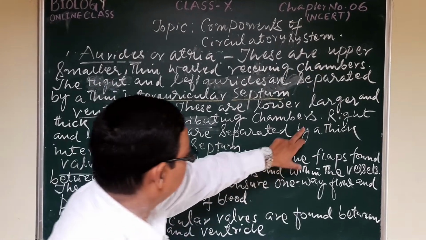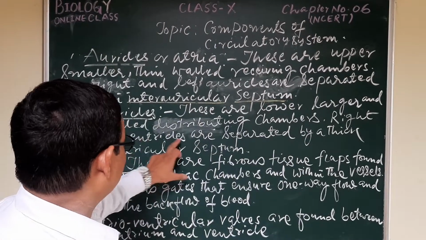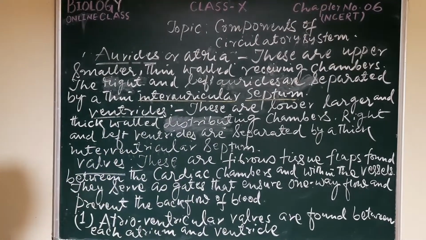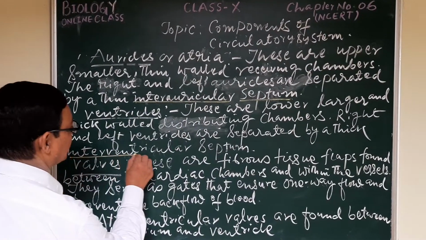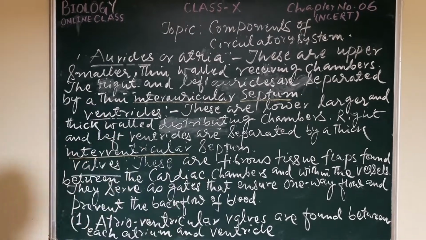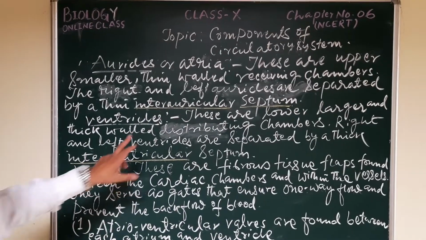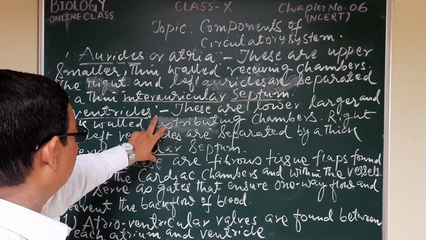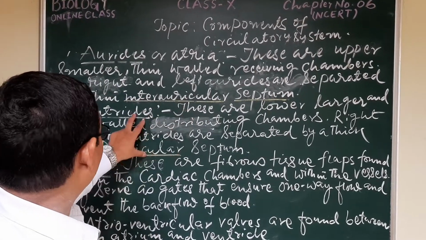You may see here, the right and left ventricles are separated by a thick interventricular septum. So here are the auricles, and here is a short description of the ventricles.